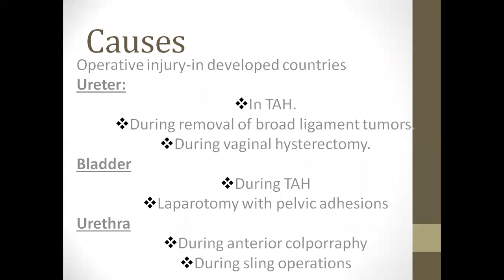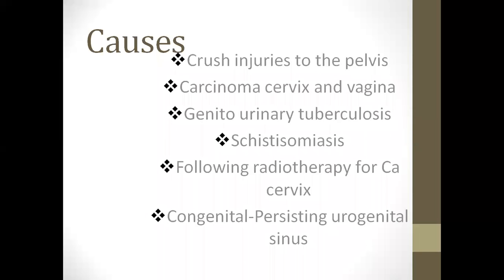Operative injuries in developing countries: abdominal hysterectomy during removal of broad ligament tumors, vaginal hysterectomy, injury to the bladder during total hysterectomy and laparoscopy with pelvic adhesions, injuring the urethra during angiography and during sling operations.